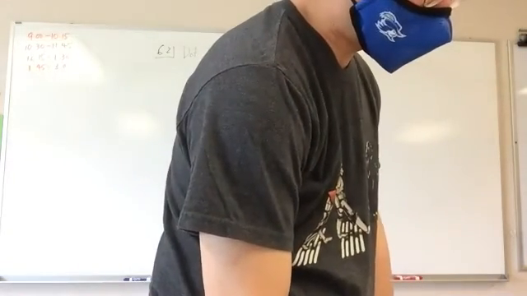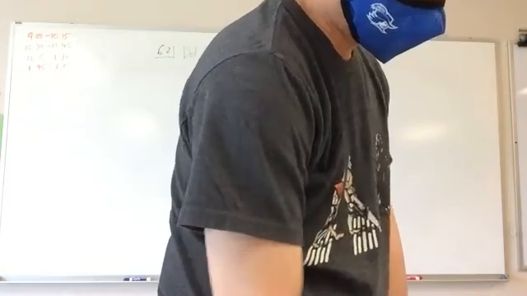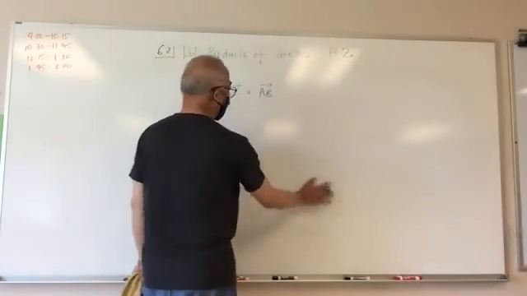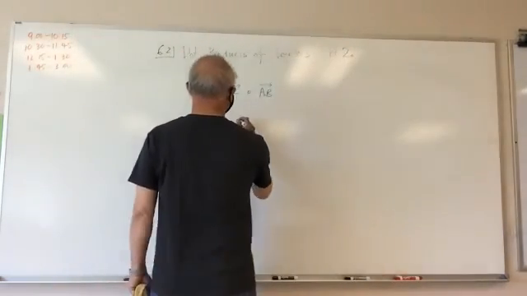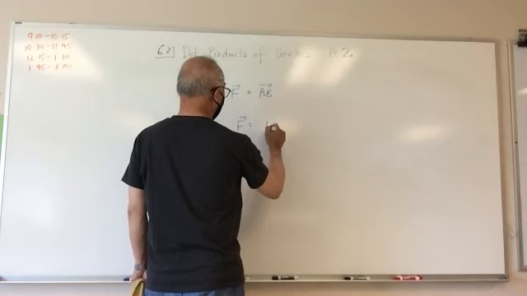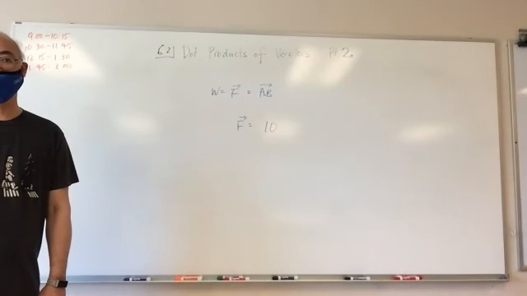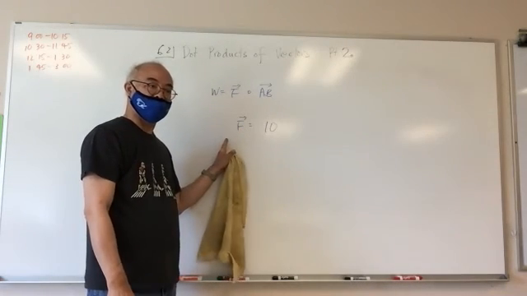Find the work done by a 10-pound force acting in that direction. Okay, so I have a 10-pound force that's acting in 1, 2. So the force is going to be 10 pounds, but I need a unit vector here, right? It's because the magnitude is 10.